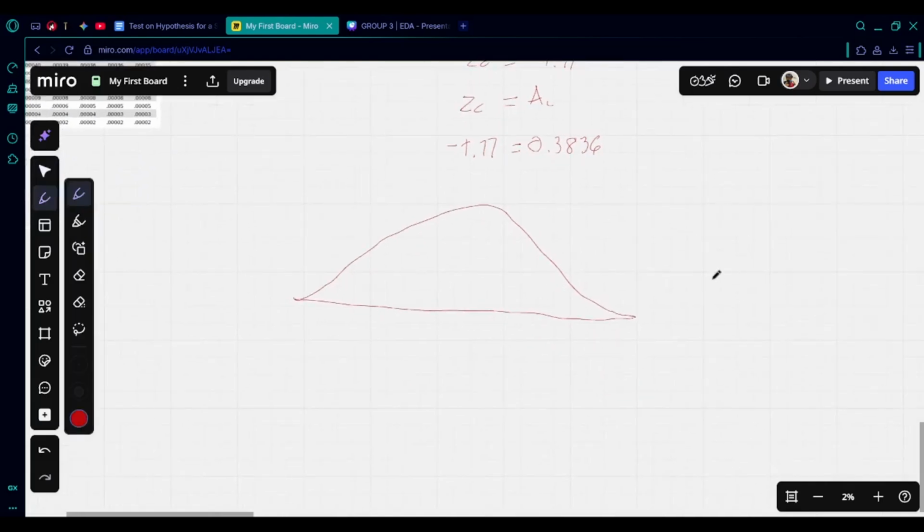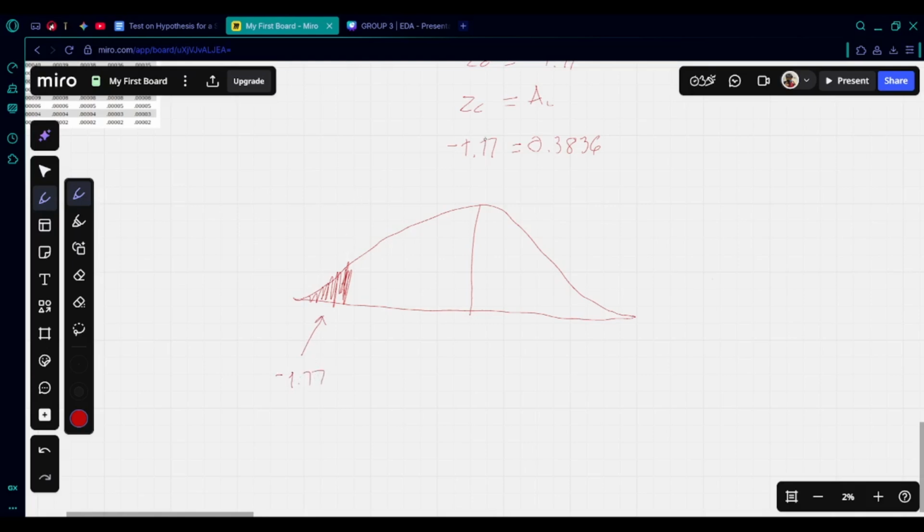So let me locate the values here. Let's just cut this in half, and we will shade this region. Somewhere in here, we have a value of negative 1.77.